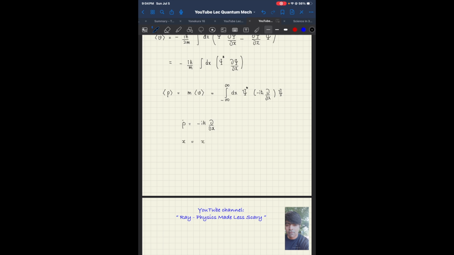Just to be very clear, this is the momentum operator sitting here. This is the position operator. So in quantum mechanics, loosely speaking, momentum is given by minus iℏ ∂/∂x, and position is given by x.